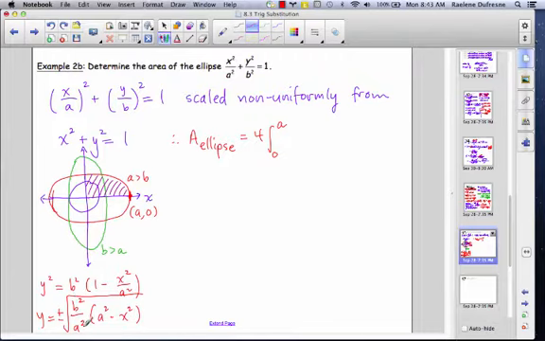So for that purpose, we can take a and b to be positive constants. So they can come outside of the square root, leaving us with this expression for the top half, the positive root for the top half of the curve.